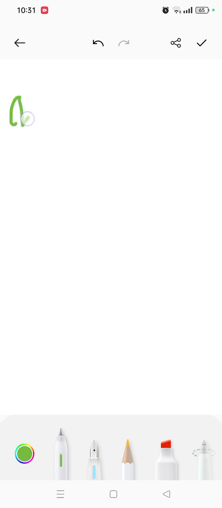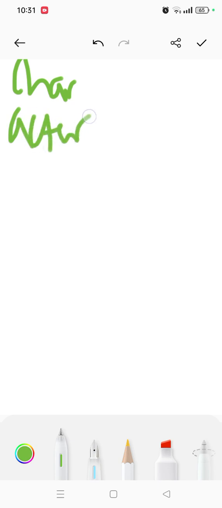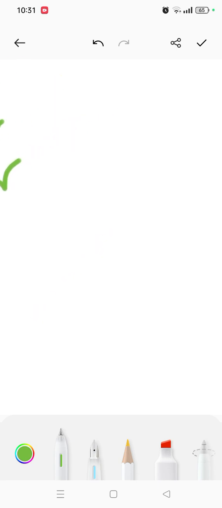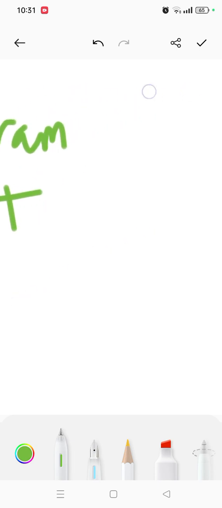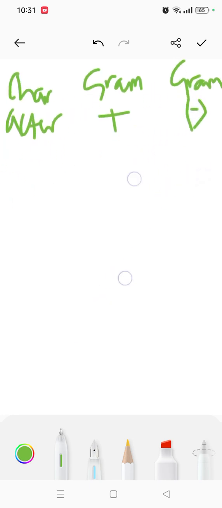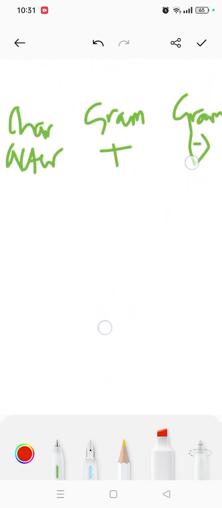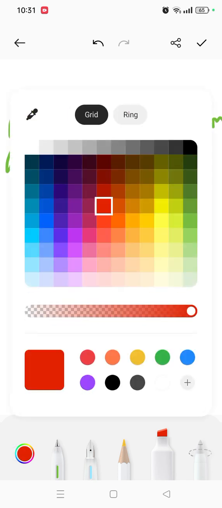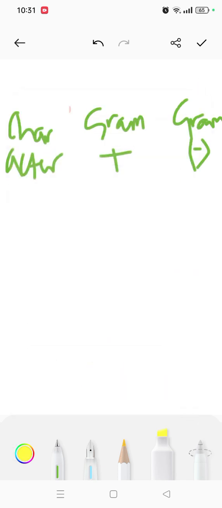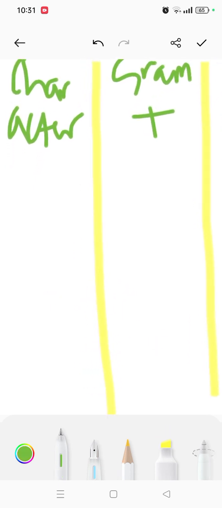First thing we'll go with character. Then we'll go with gram positive, then gram negative. So how will we go?